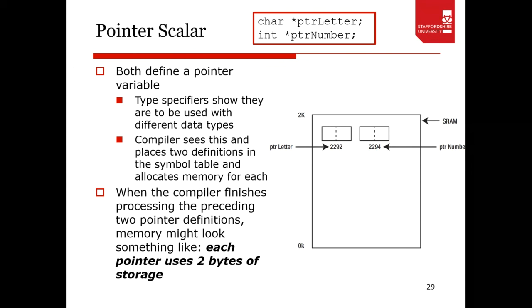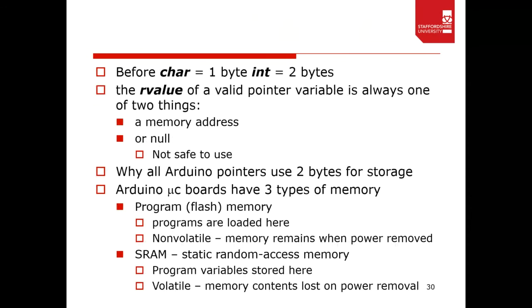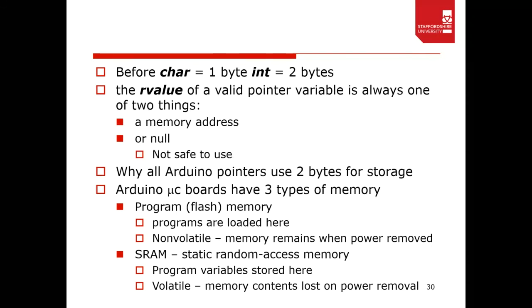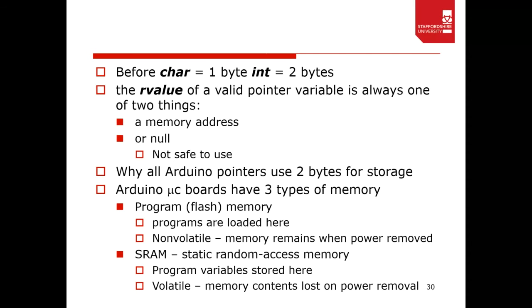Int pointer number 2294 and 2295 even. So before, char equals 1 byte and int equals 2 bytes. The R value of a valid pointer variable is always one of 2 things: either a memory address or a null. Anything else is not safe to use.